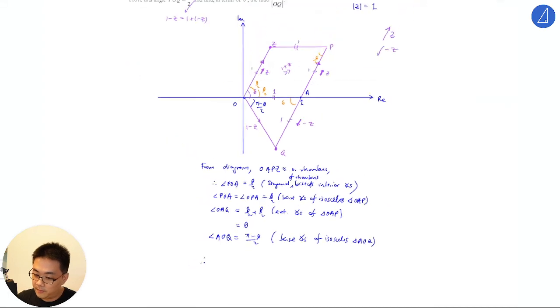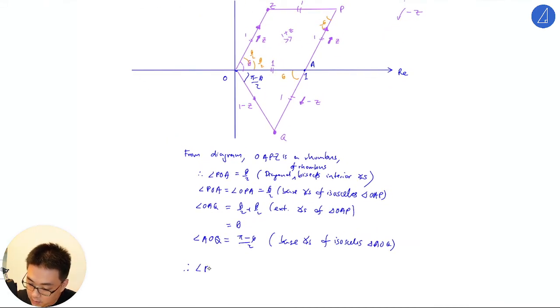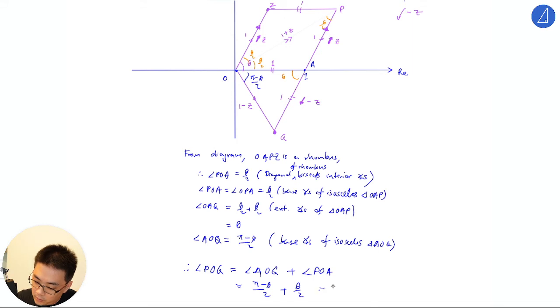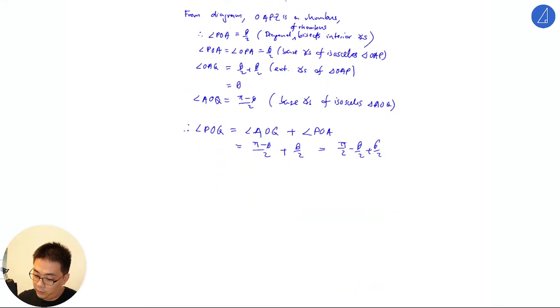So hence angle POQ is AOQ plus angle POA, which is POA was what? Theta over 2, right? Pi minus theta over 2 plus theta over 2, pi over 2. Then this is proven.